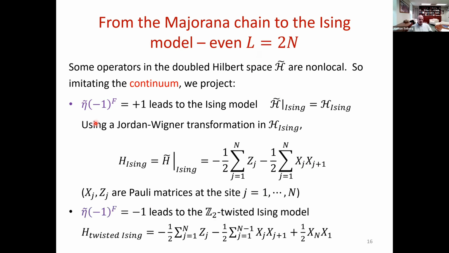Alternatively, we can project on this object being -1, and this leads to a Z2 twisted Ising model. The Ising model has a Z2 symmetry, and therefore we can consider a twisted one where we flipped one of the signs here. So this is the Ising model with a Z2 defect, or the Ising model with anti-periodic boundary conditions.